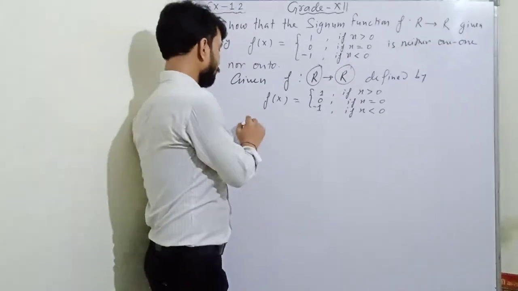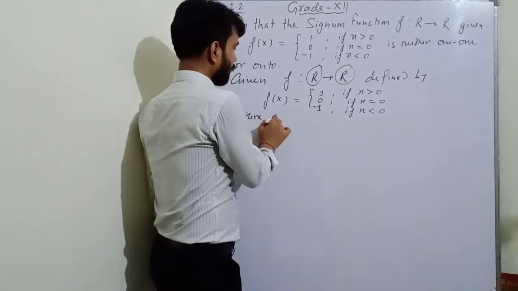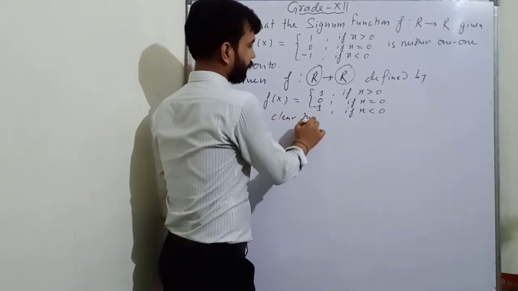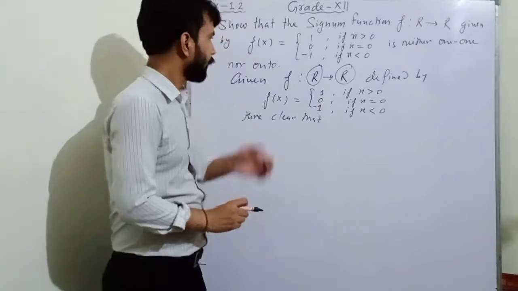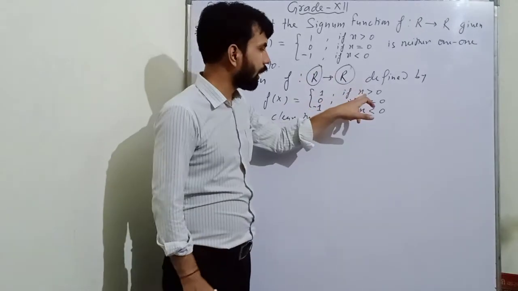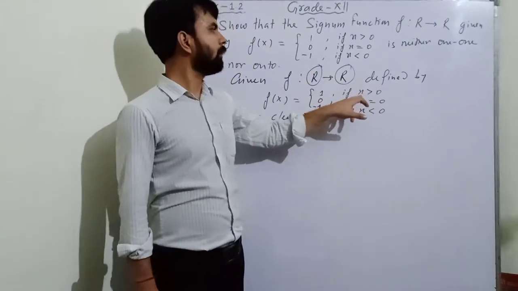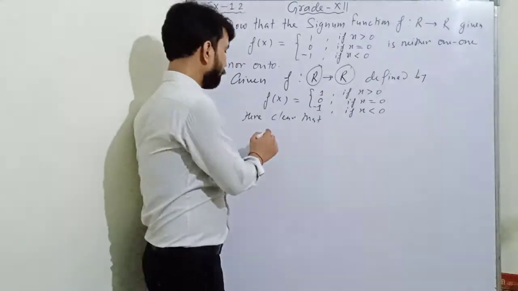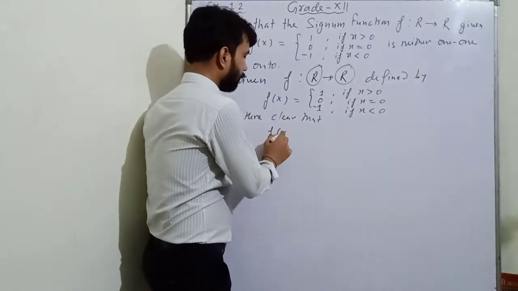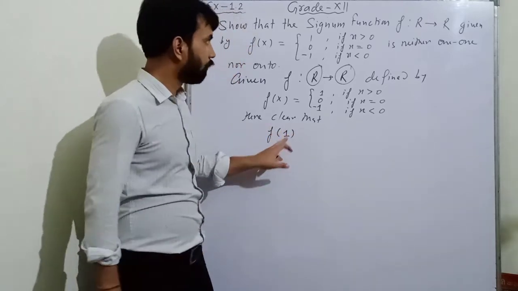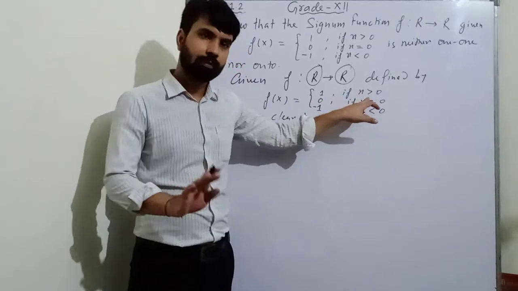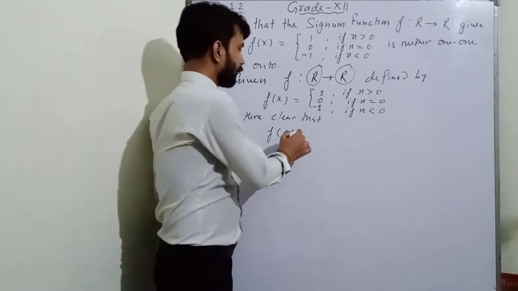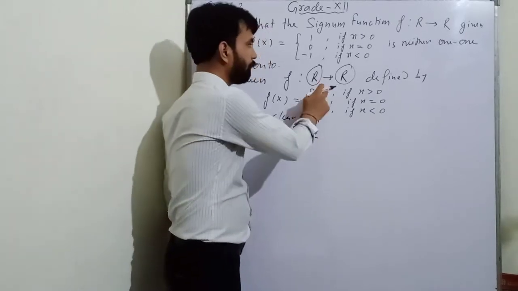So see here, it is very clear that for every positive real number the value of the function will remain same, that is 1. So if I am taking 1, is greater than 0. Clear? So for f(1) the value of this will be 1.